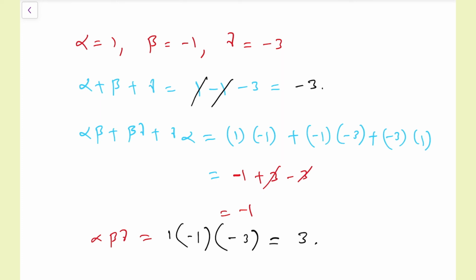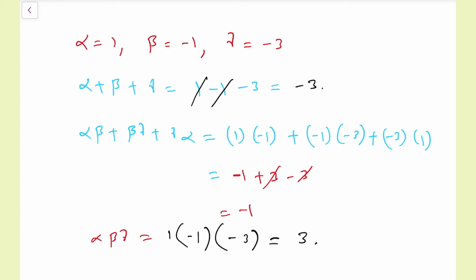Now these all we did without the help of a formula. Now the same 3 we need to find with the help of formula. That is the sum of the zeros of a cubic polynomial formula, and the sum of the zeros taken 2 at a time, that is alpha beta plus beta gamma plus gamma alpha formula. Then finally alpha into beta into gamma formula.